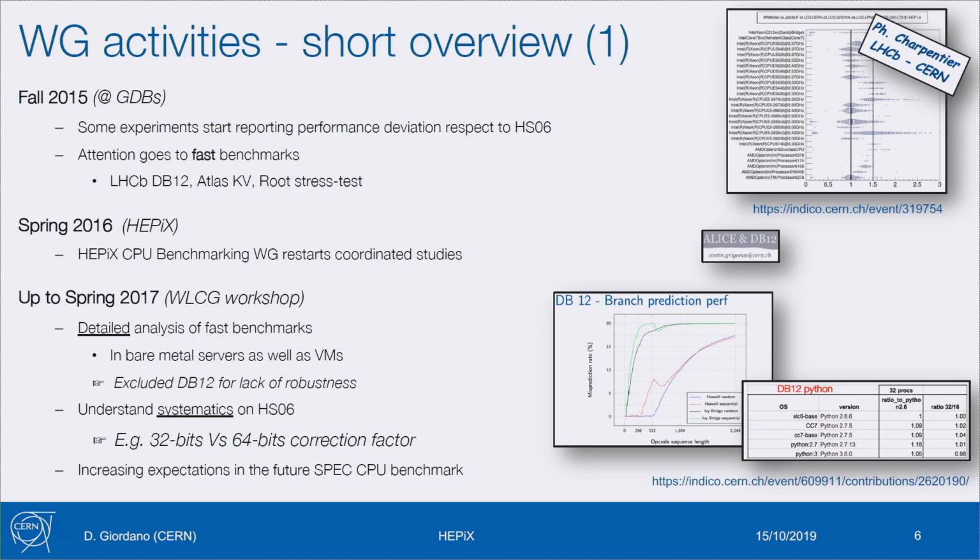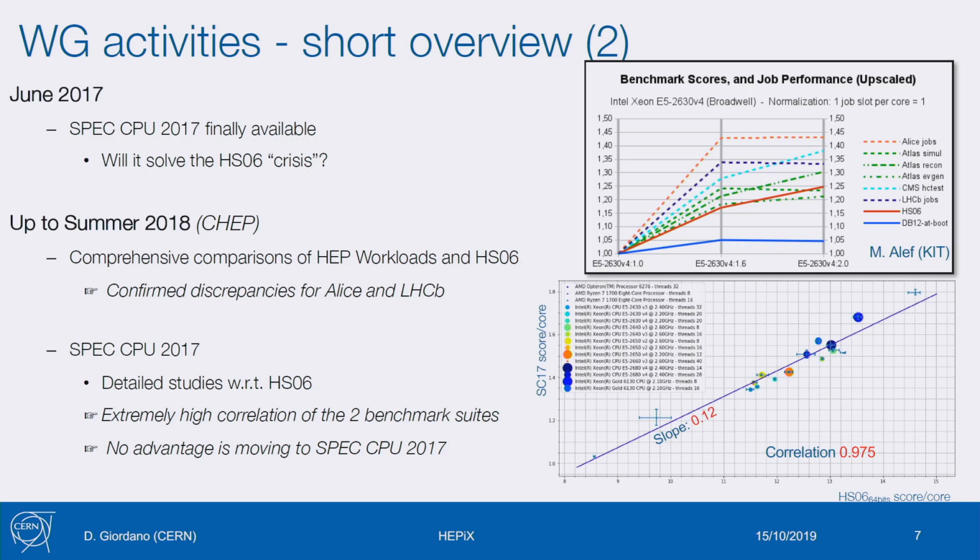At the same time, there was an expectation to move to SPEC CPU 2017, the next SPEC CPU that came out in 2017, and we thought, okay, now this will solve our problem, we will adopt it. Indeed, that was not the case, or at least is not the case, because we did a careful study of the correlation of the score per core of HEPiX 6 with respect to SPEC CPU 2017, studied on different CPU models, mainly all available models at CERN.